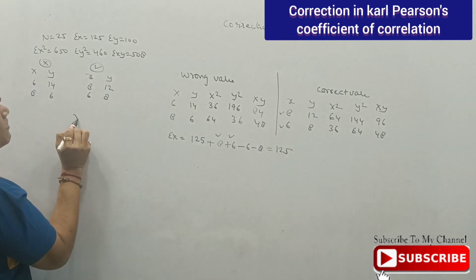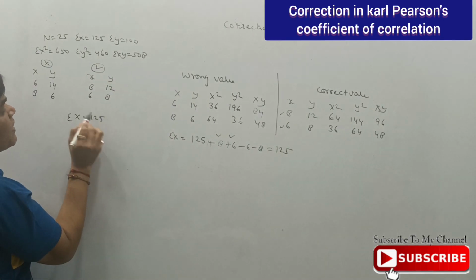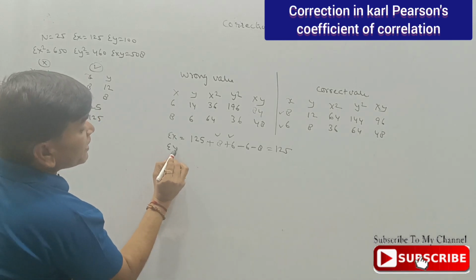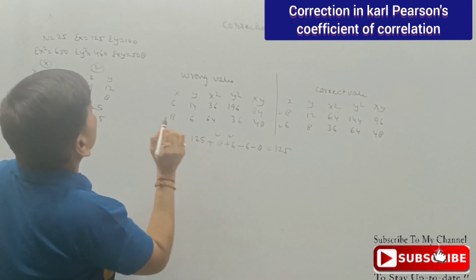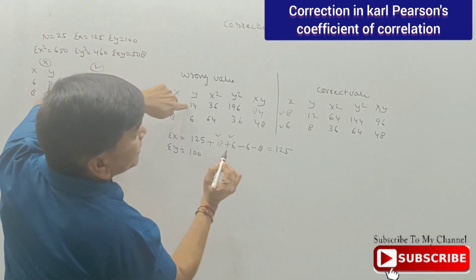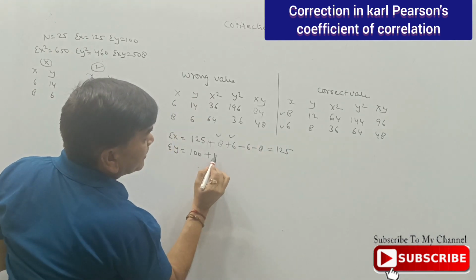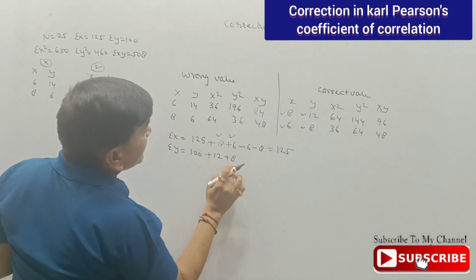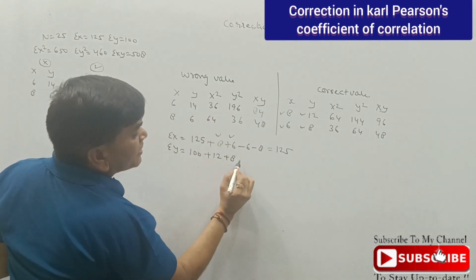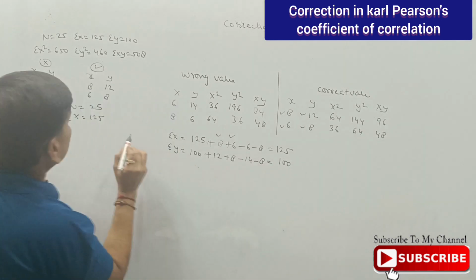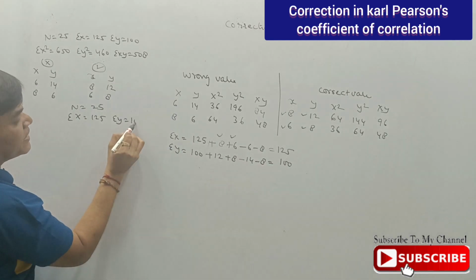So sigma x is 125, n is equal to 25. Sigma y given is 100. The correct values are 12 and 8 added, and the wrong values subtracted, 14 and 6. So again this is 100. So the correct sigma y is 100.